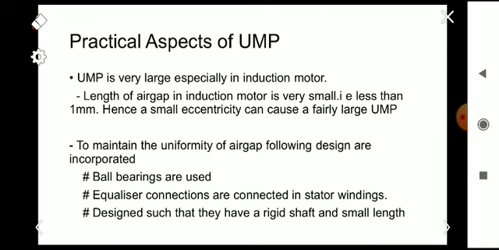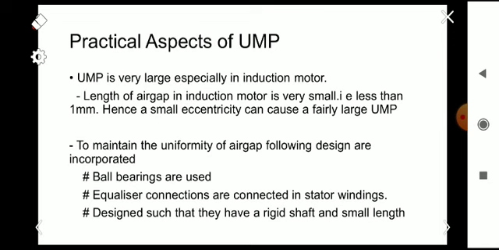In order to maintain the uniformity of the air gap in induction motors, the following aspects are incorporated in the design and manufacture. First, ball bearings are used, so that a good alignment can be maintained over a long period. The use of ball bearings prevents wear and also reduces the noise.